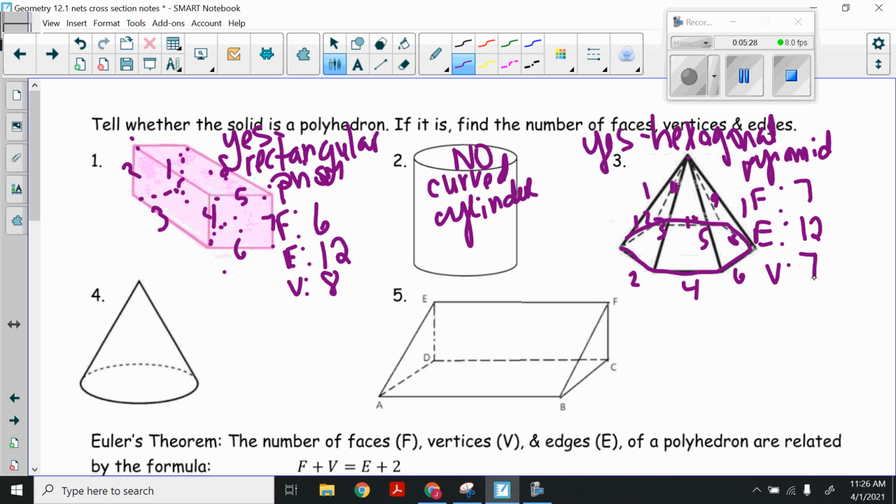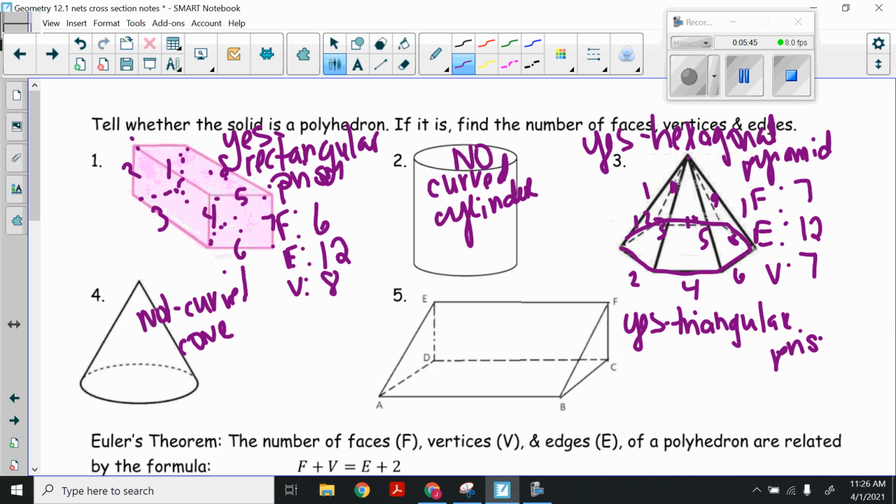Number 4, this is not a polyhedron, again, because it's curved. This one is a cone. Number 5, yes, this is referred to as a triangular prism, because it has 2 bases, these triangles, which are parallel to one another. So there's one base, here's our second base.